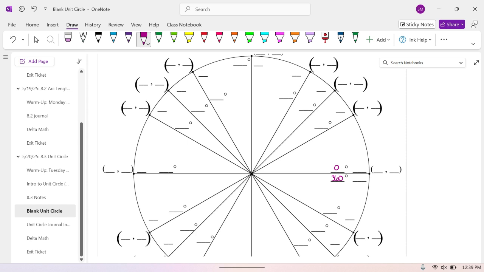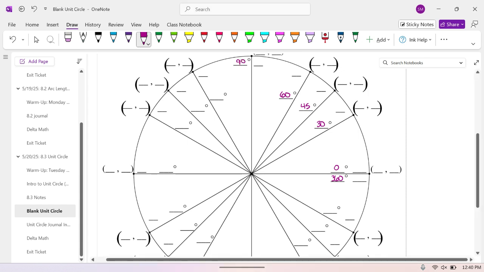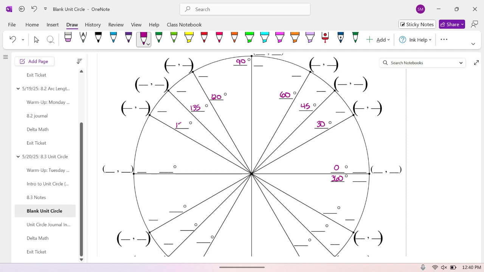Now, the next one around is 30, 45, 60. Then we have 90, 120, 135, 150, 180. All right, so we're just taking what we did on our separate sheet of paper earlier with the degrees and we're just copying it in.